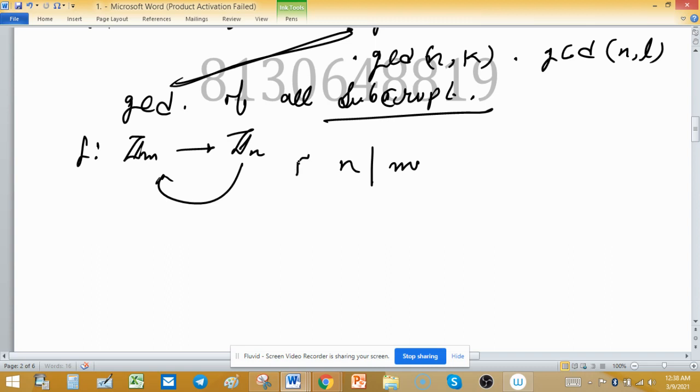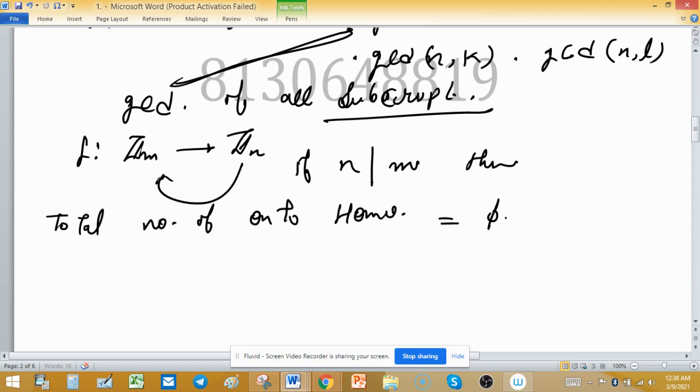If it divides, then onto homomorphisms exist, otherwise not. The total number of onto homomorphisms is equal to phi(n).